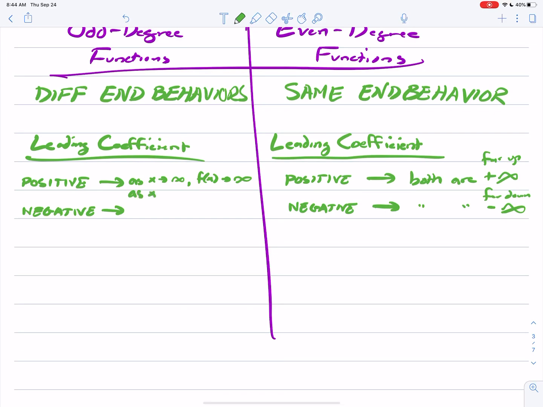And as x goes to negative infinity, f of x goes to negative infinity, all right? So you would probably guess it, okay? But when the leading coefficient is negative, everything gets flipped. So as x approaches infinity, f of x actually approaches negative infinity. And as x goes to negative infinity, f of x goes to positive infinity.